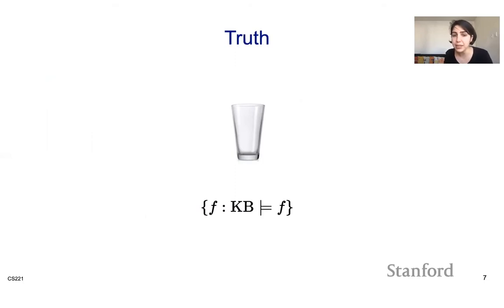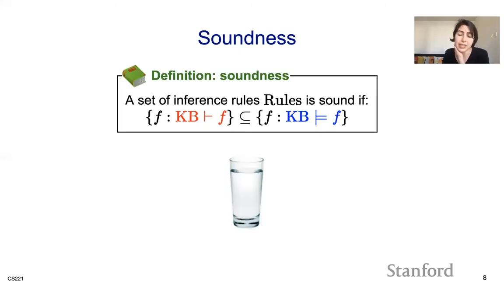That means the knowledge base entails those formulas. So every formula that is true is going to be inside of the glass. The idea of soundness is that if I'm running a bunch of inference rules, the formulas derived from those inference rules are also going to be inside of the glass. I want to make sure that they're also true.